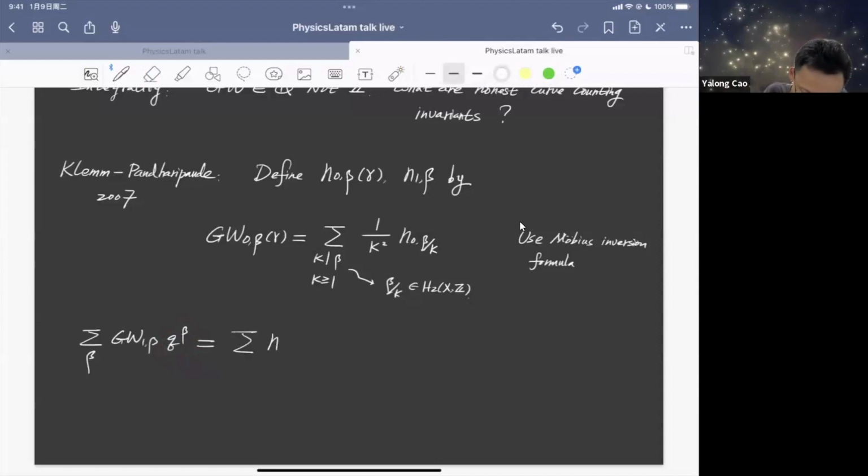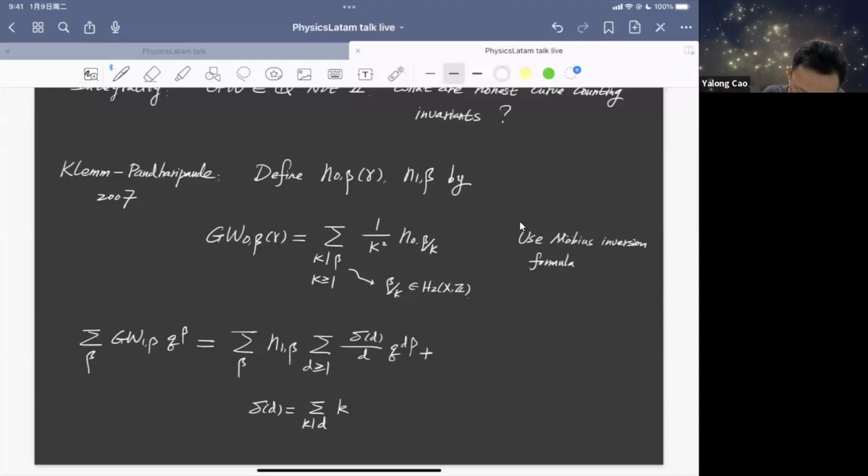The first part contains this n1 beta we want to define, and there are some factors involving the function sigma of d, which is defined as the sum over all positive k which divide this number d.